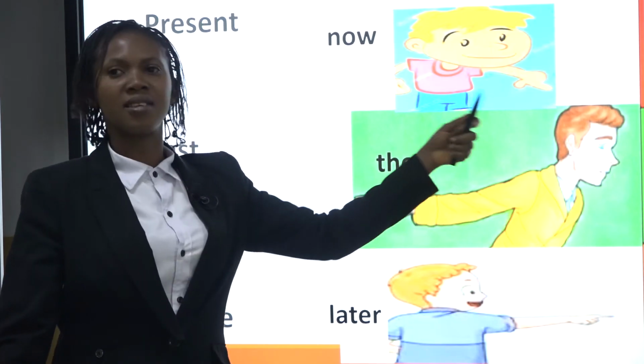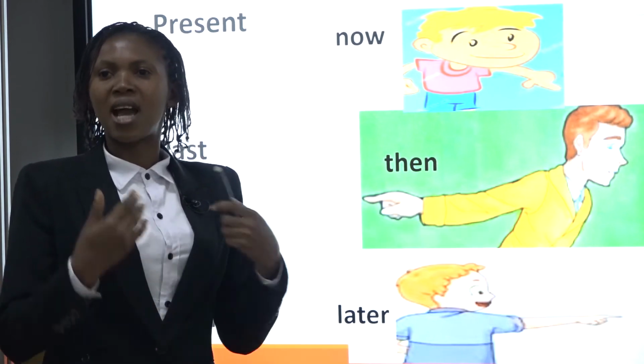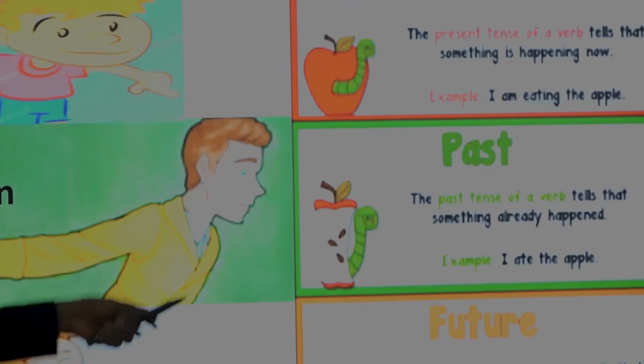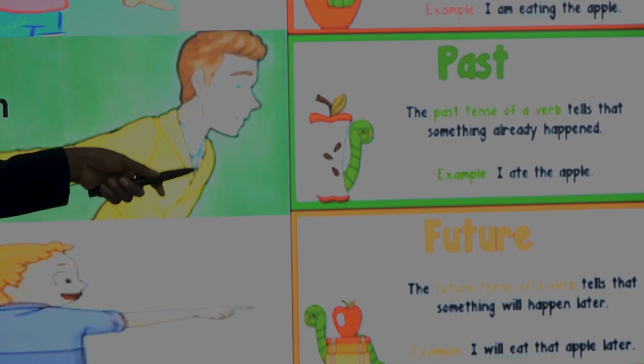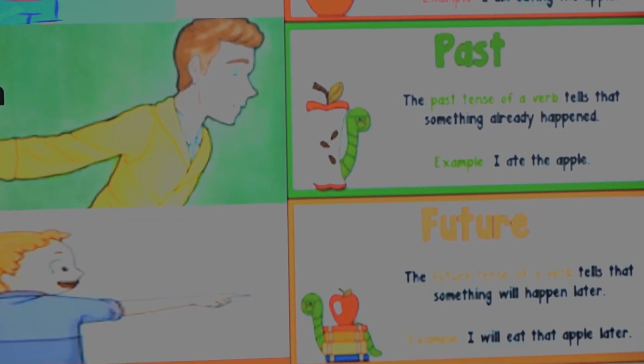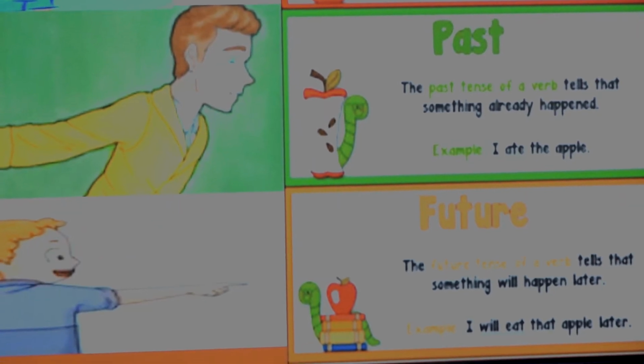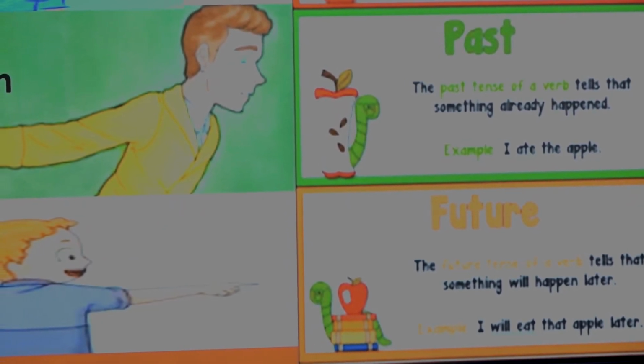Example, I ate the apple. It means that the apple has been eaten. The future tense tells us something that will happen later. Example, I will eat the apple later. I am going to eat the apple.